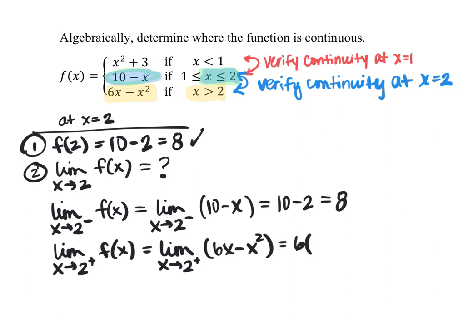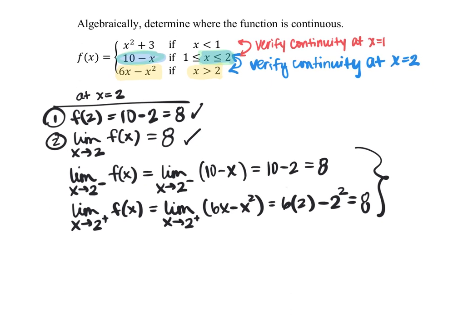Once again, this is another direct substitution, so we'll substitute in 2, and we'll have 12 minus 4, which is 8. So this time, the left and right-hand limits are indeed equal to each other. So this one has a limit that does exist, and in fact, we now know the value of the limit is 8. So the second condition has been met. The limit does exist. The value of the limit is 8.